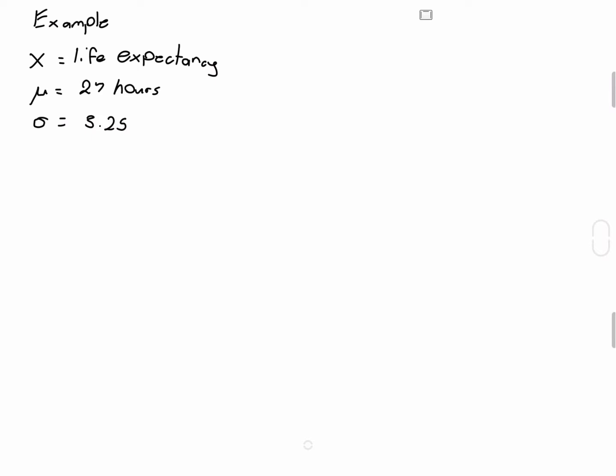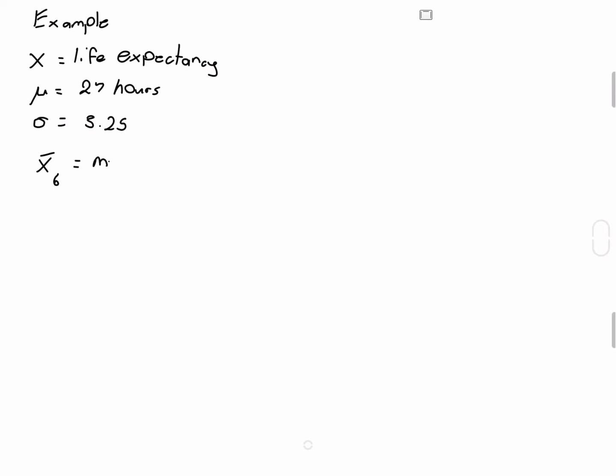Batteries are sold in packets of 6, so let the random variable X̄6 be the mean life expectancy of the batteries in a packet.